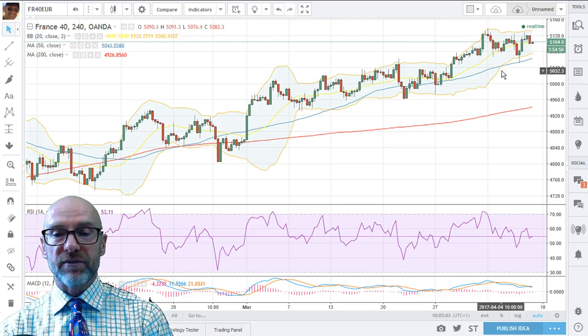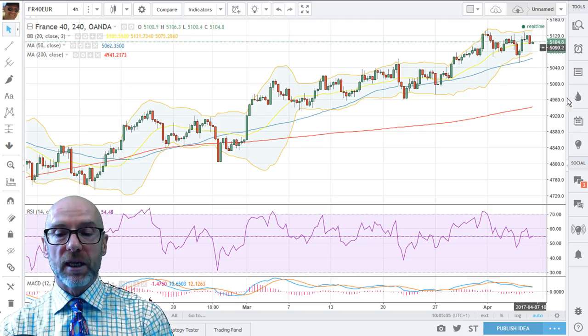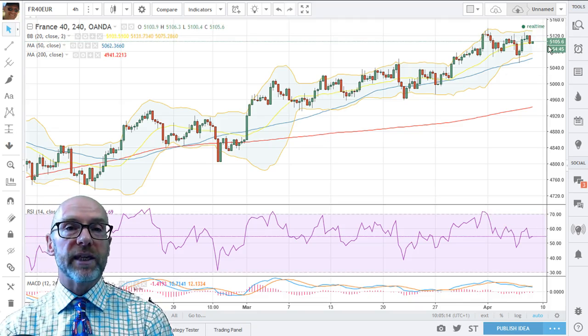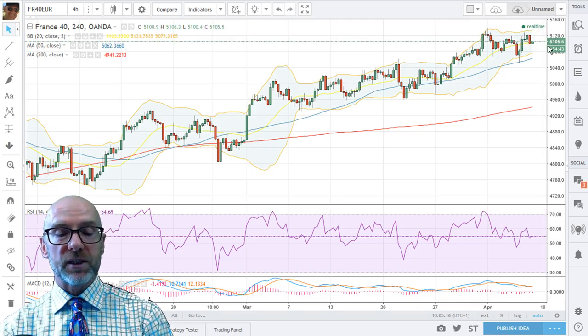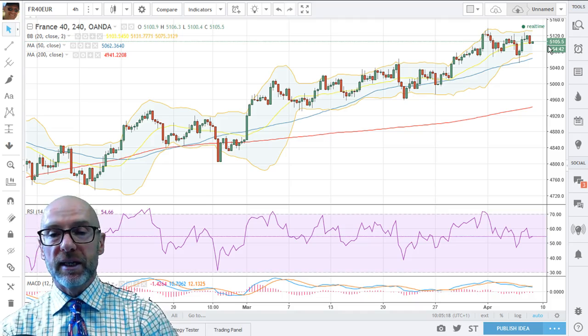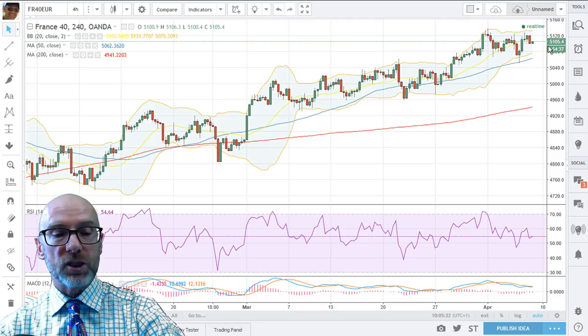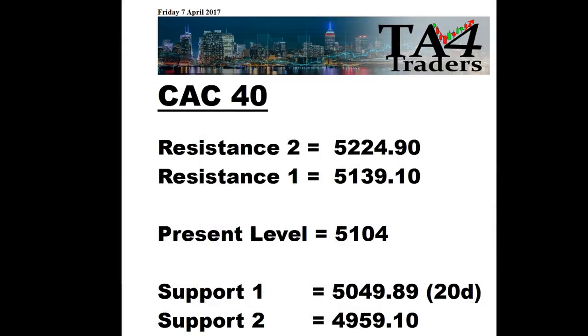Here you can see the flag that's been created, RSI just drifting and MACD drifting as we seem to be losing a bit of upside momentum. But as I said, as long as the moving averages hold, one would expect the eventual move to be on the upside.